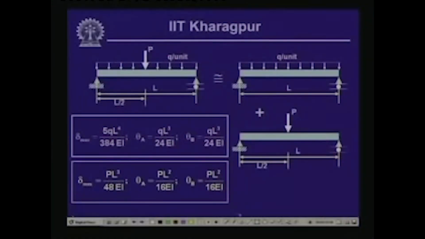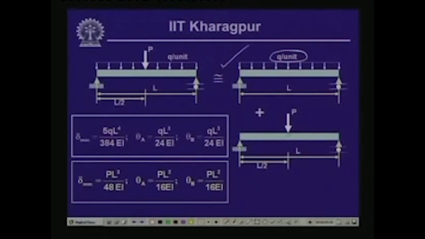This loading on the beam can be divided into two parts. In the first part, we take the beam subjected to the load q per unit length, and in the second part we consider the beam subjected to the concentrated load P.